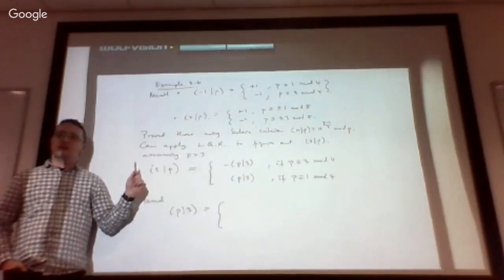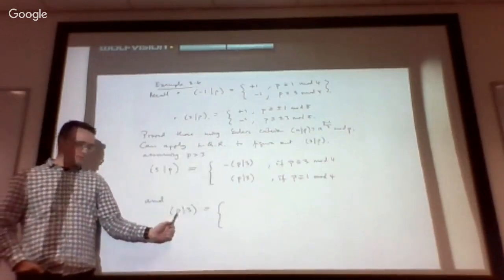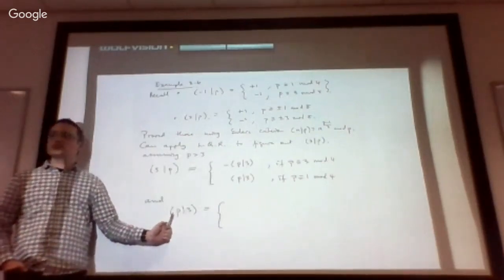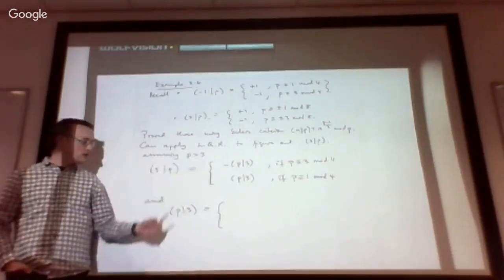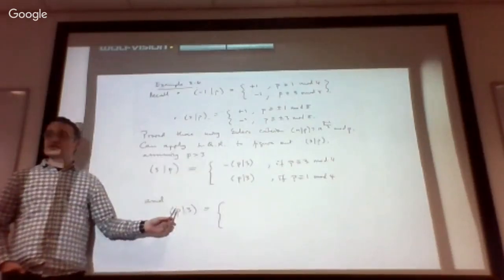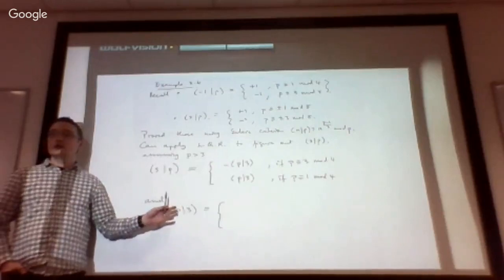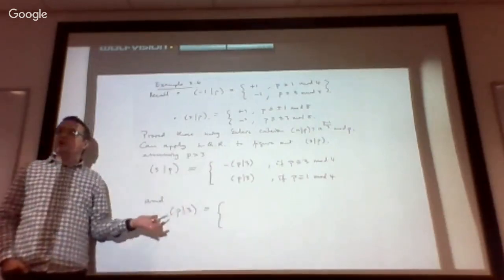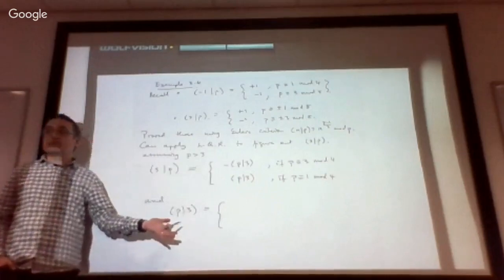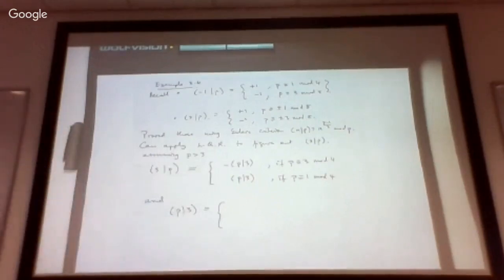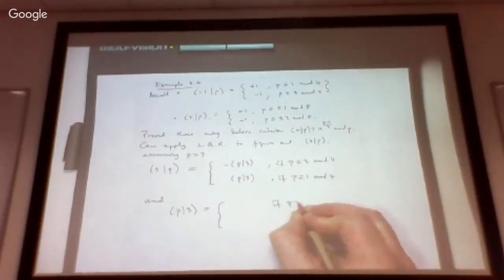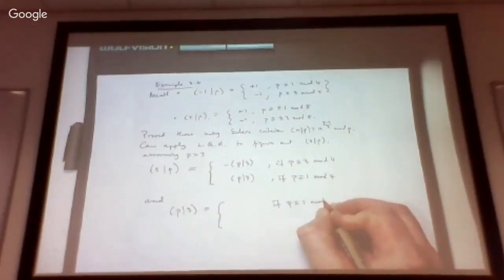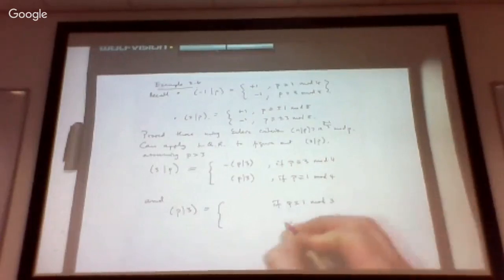We can't factorize because it's a prime, but we can reduce. p is bigger than 3, so we can reduce it. We don't know what p is, but what are the options? What is it going to reduce to? 1 or 2 mod 3.